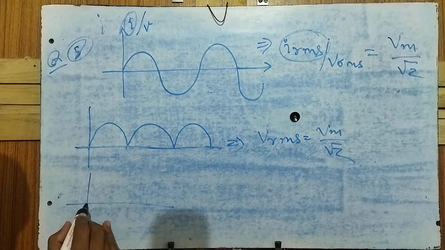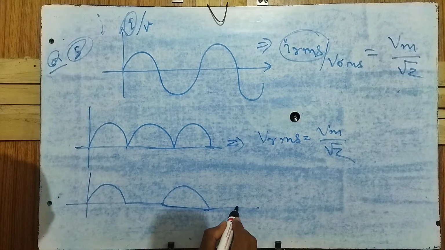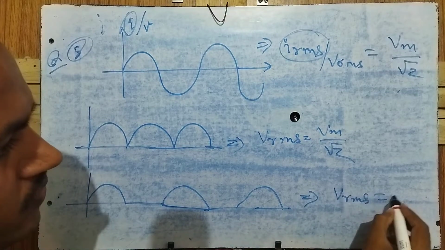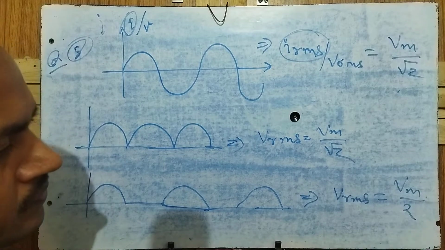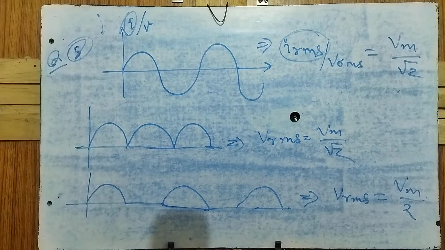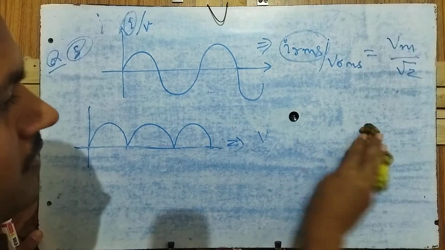For half wave, with only the positive half, it is Vm by 2, which means 1 by root 2 multiplied by 2, the original, or in the full wave, so Vm by 2, right?